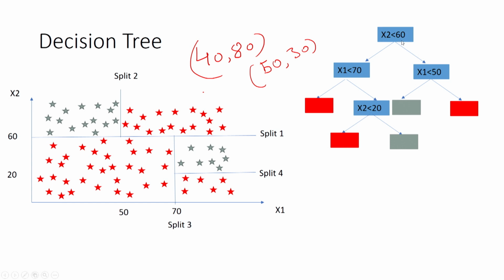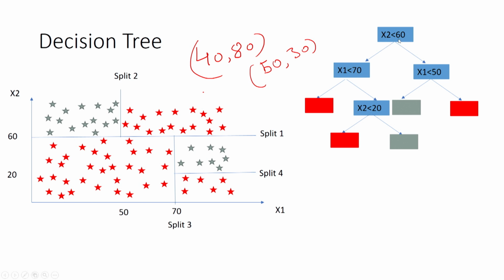And then there is another condition. So, we will say or x2 is greater than or equal to 60 and x1 is greater than or equal to 50. So, there are three conditions, and we are taking all of these three conditions, because if any of these three conditions becomes true, then the class is the red class, and each condition itself has two conditions that are joined with and.